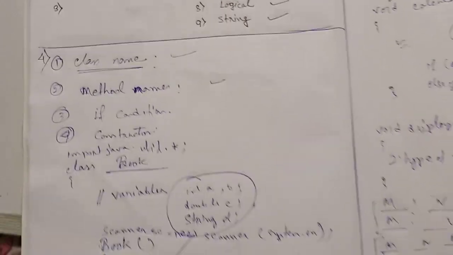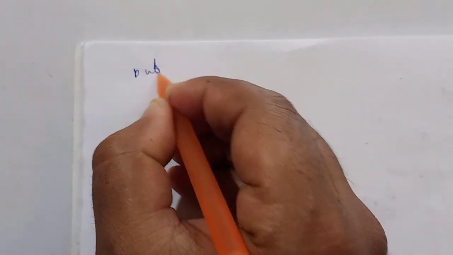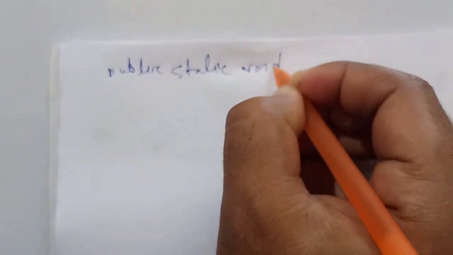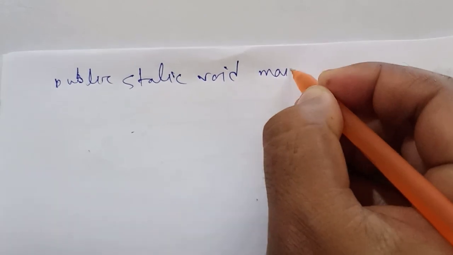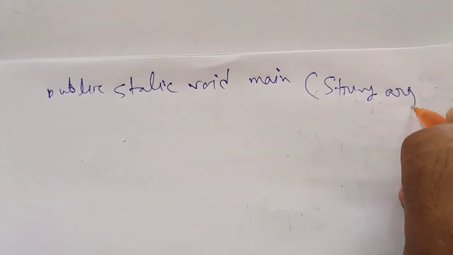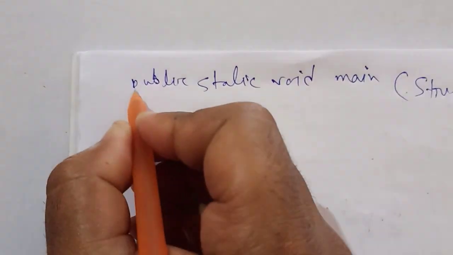Now after printing this variable, calculation, these three methods, then you will do one more thing, which is the main method. Okay, main method. For main method, public static void main String args, this one.